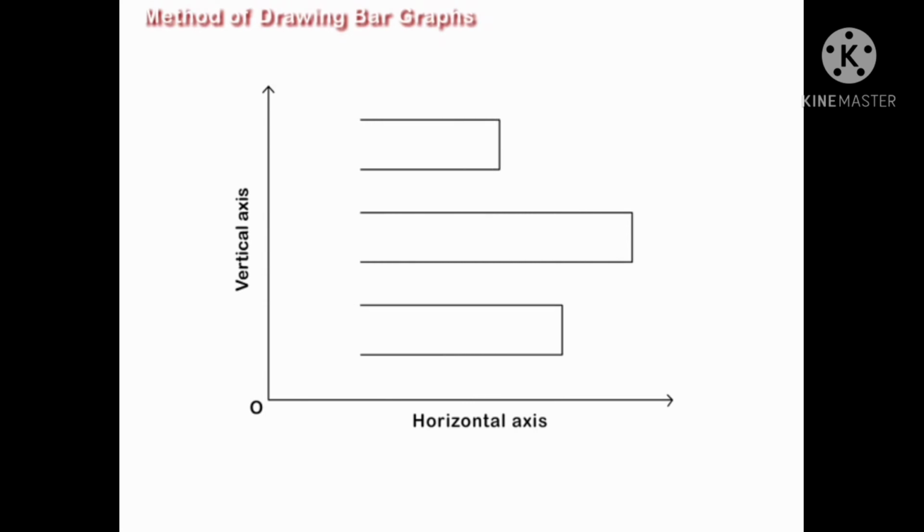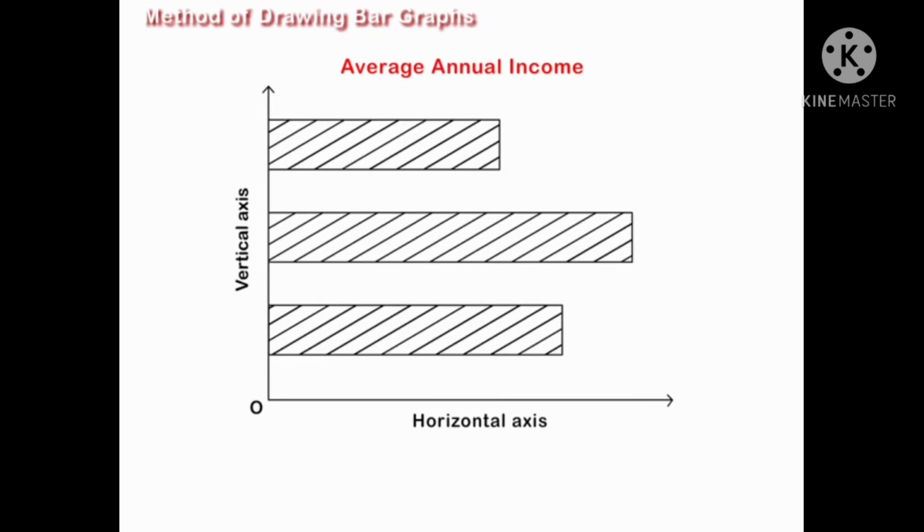We can also draw bars on the vertical axis. The next step is to write the title of the bar graph. The next step is to shade or color the bars. We also need to see that the bars are of equal thickness and equal space is left between two bars.